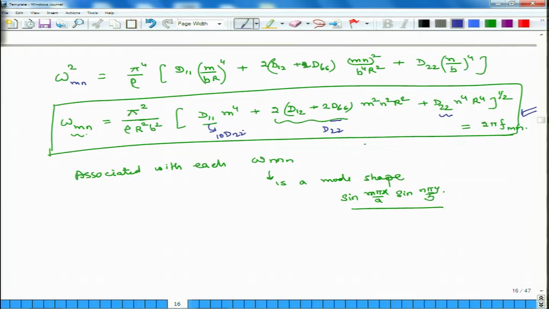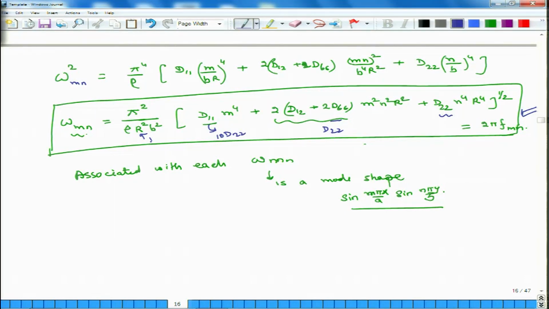So, this is 10 d22. So, we are taking a material whose d11 is 10 times d22, this twice of d12 plus 2 d66 d22, and so on and so forth. Okay. And R is 1, R is 1.